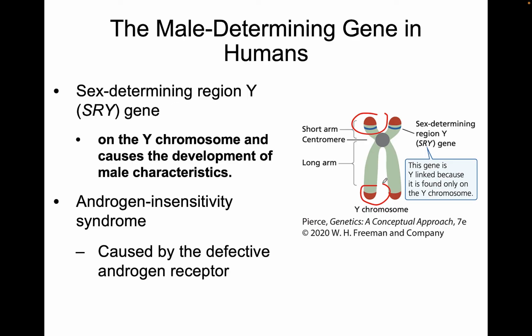We also have the androgen insensitivity syndrome, and this is caused by a defective androgen receptor. Okay. So outside of the SRY gene, there are other genes that are essential for sexual development. And we see this in women with androgen insensitivity syndrome. These individuals have female external sexual characteristics, and most of them are not even aware of their condition until they hit puberty.